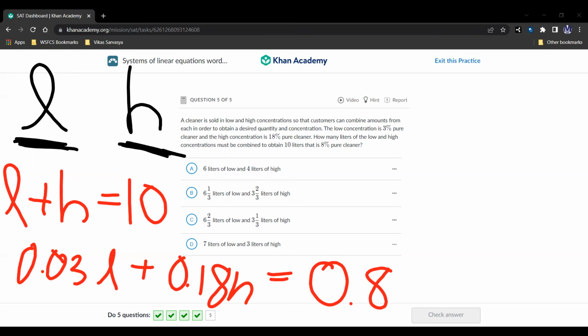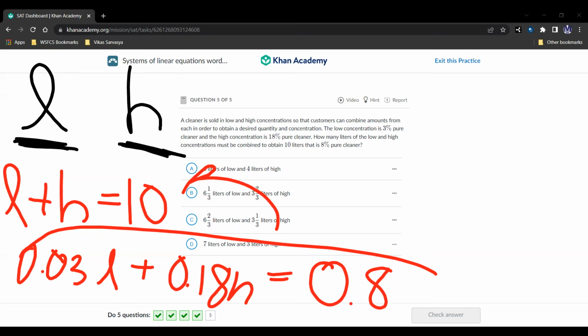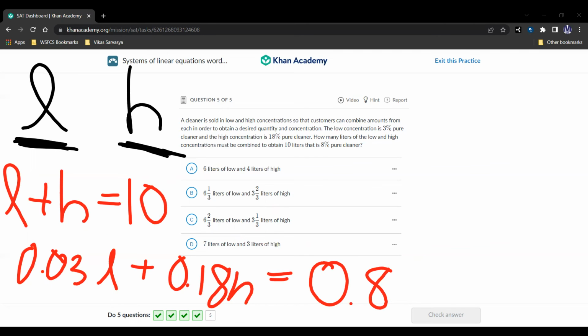Right, now what we can do is the same thing as last time. We're going to take the first equation and multiply it by 0.03 because we don't really have a way to take this equation and make it like that. So we're just going to go the other way. Times 0.03, right? And then we subtract it out and we end up with 0.15 H equals 0.5.